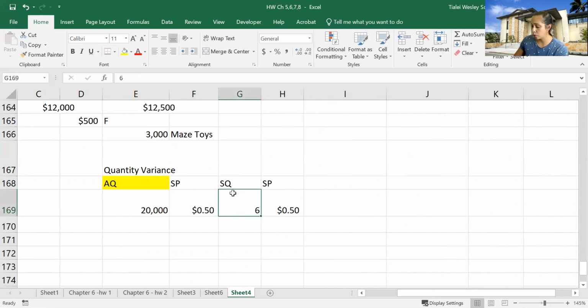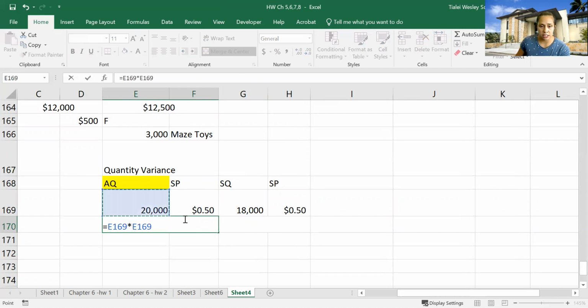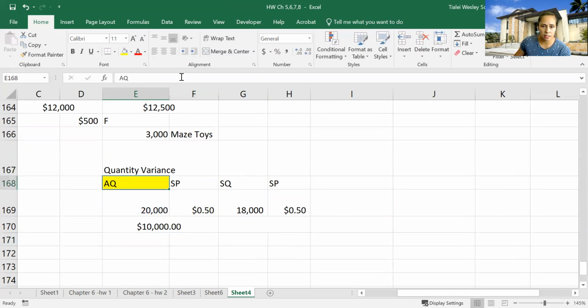So to get this on a total number of microns they need, I'll multiply 6 by 3,000 Maze toys. And that looks a lot closer to 20,000 microns. It's 18,000 microns. That's the standard that they should be using. They actually use 20,000, so it looks like they're going to have an unfavorable quantity variance. And let's calculate that quantity variance.